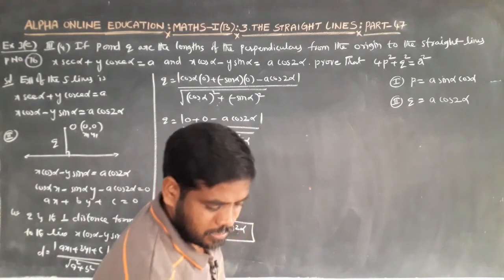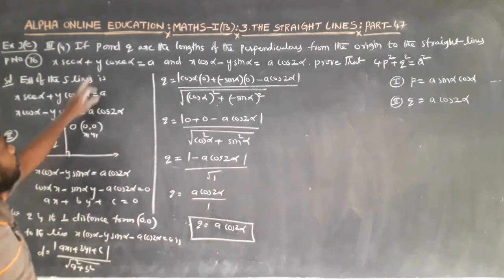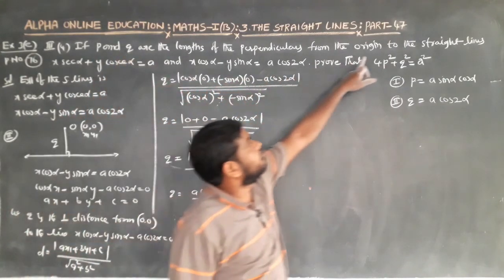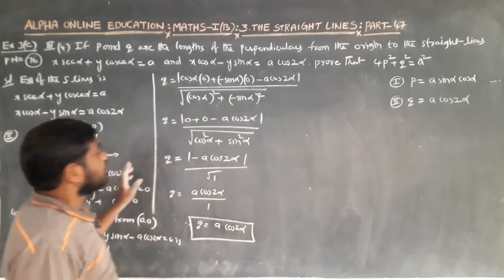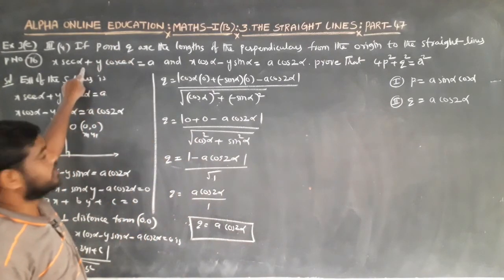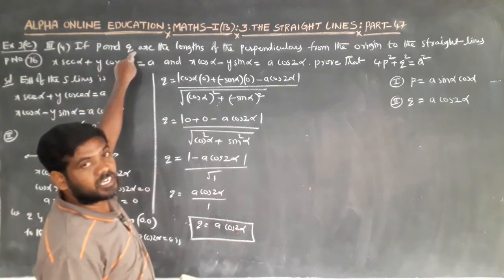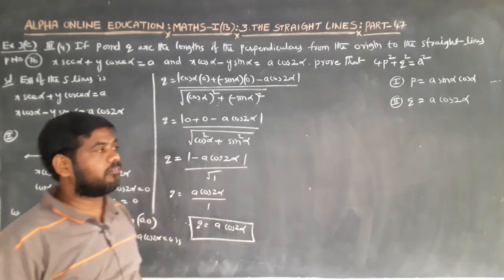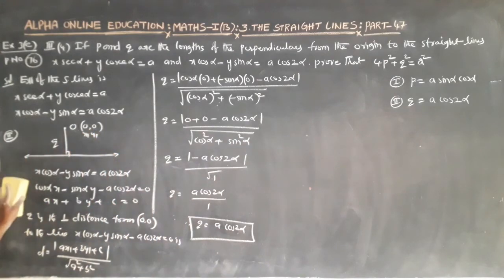p and q are the perpendicular distances from origin to the lines. p is the perpendicular distance from origin to the first line, and q is the perpendicular distance from origin to the second line. Here we have found the values p and q.